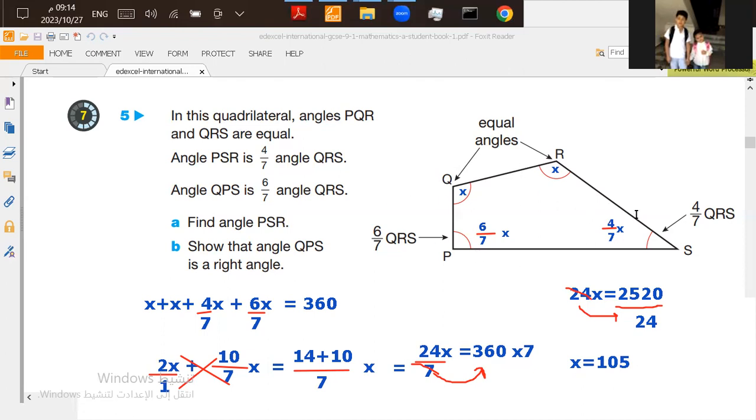PSR is this one, the 4/7 of x. So I'm going to take the x, which is 105, and multiply it by 4 over 7.